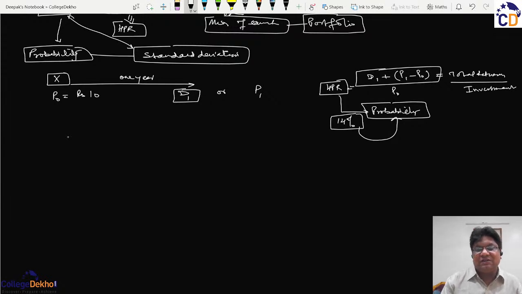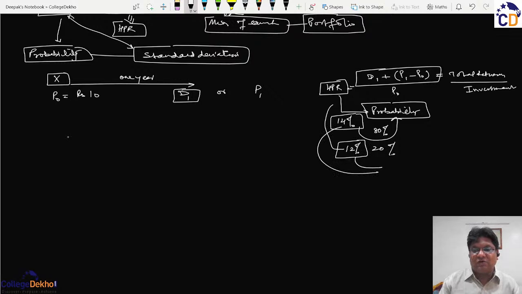Or vice versa, if you anticipate that this 14% has an 80% chance of generation, then what are the remaining 20% chances? And if you believe that it could be not 14% but 12%, now there are two figures with different probabilities. We denote the probabilities by P1 and P2 and the returns by R1 and R2.